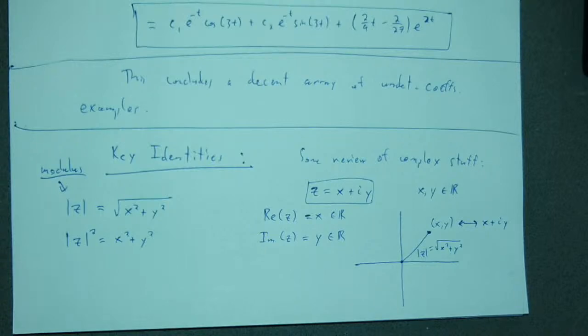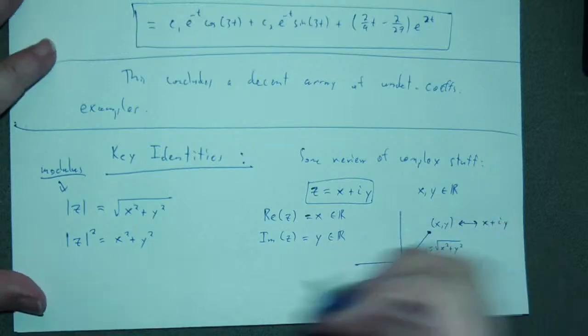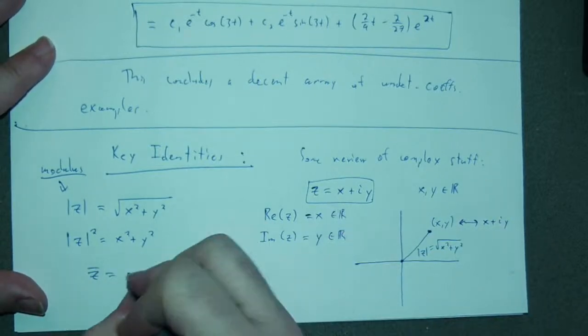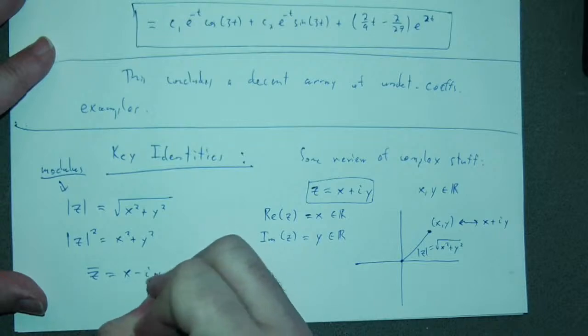So what else do I need to understand? There are some basic things here. If I have a complex number, z bar, as we've already seen, is x minus iy.